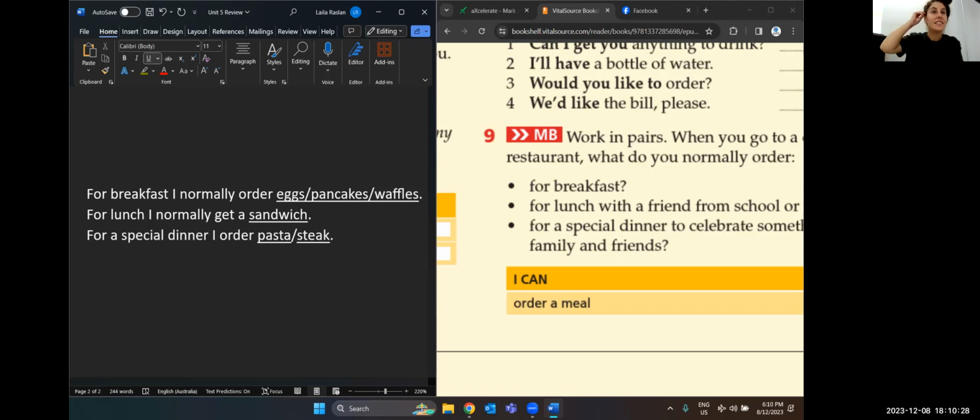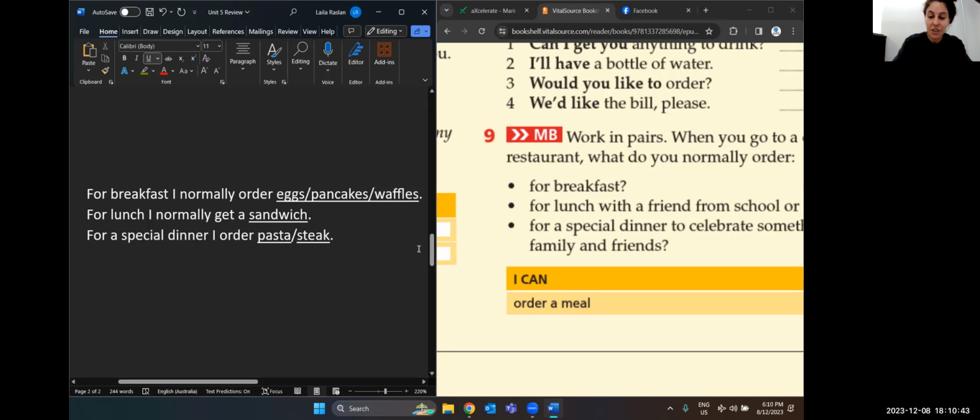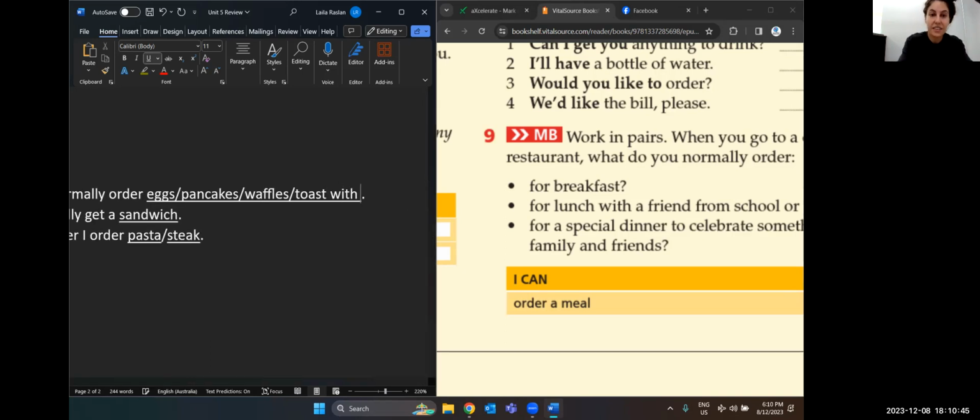Bread? Just bread for breakfast? Bread and something? For breakfast, I normally order, if you're at a restaurant, toast, maybe toast with jam. Yeah, you could say toast with jam.